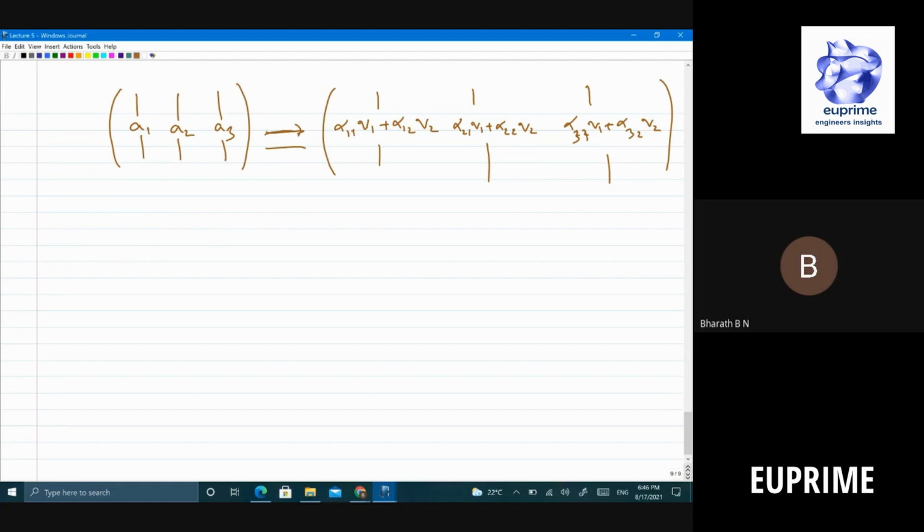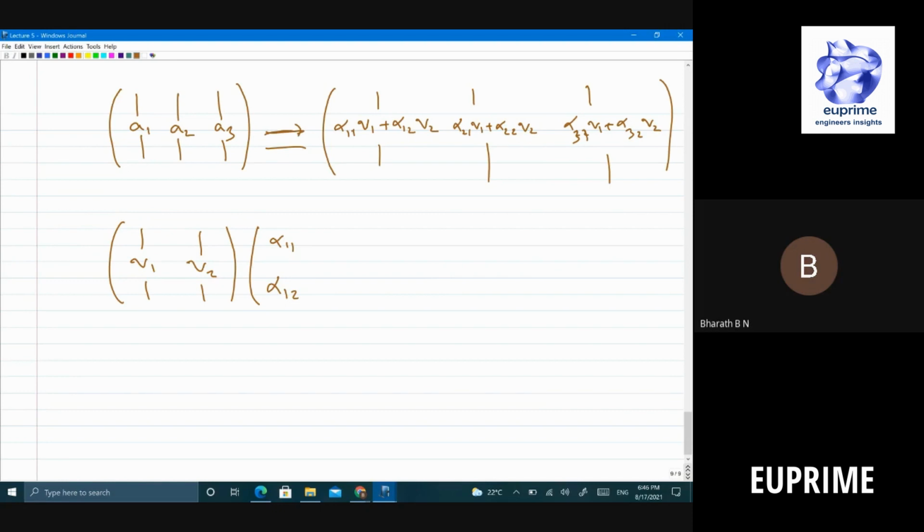So if I take V1, V2 and multiply by alpha 11, alpha 12, this is like AX. AX is basically a linear combination of the columns of A where the coefficients are given by the entries of X. Remember, I had shown that earlier. So the entries of X are alpha 11, alpha 12 and the columns are V1, V2.